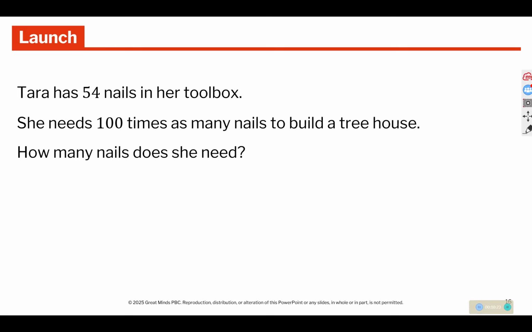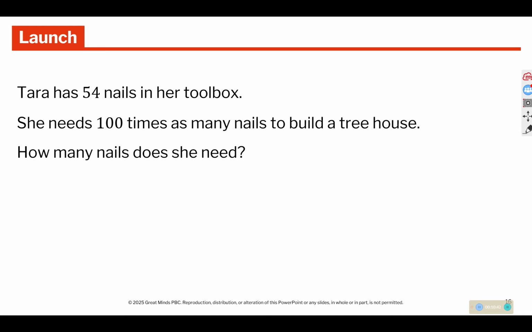Tara has 54 nails in her toolbox. She needs 100 times as many nails to build a treehouse. How many nails does she need? If you're with a group, go ahead and discuss your thinking and attempt to solve this problem.